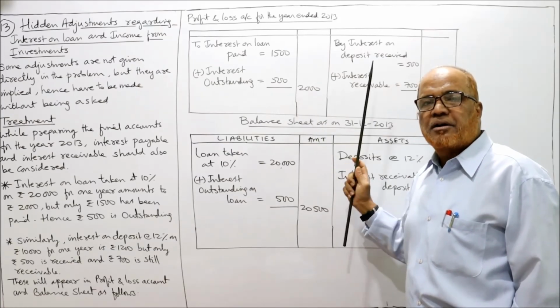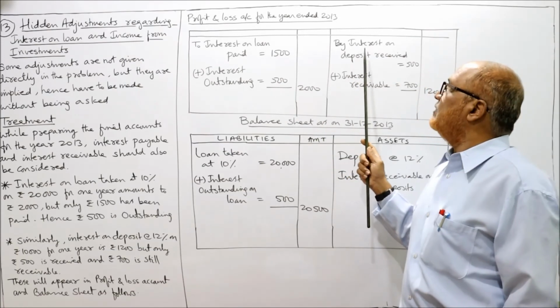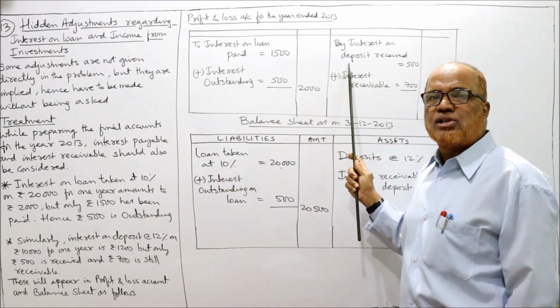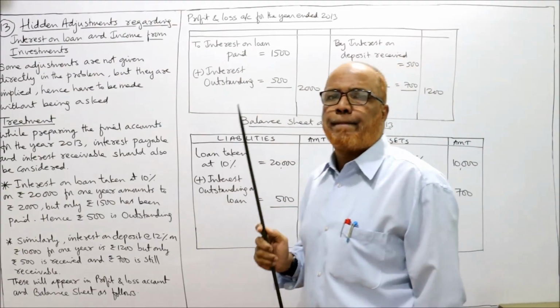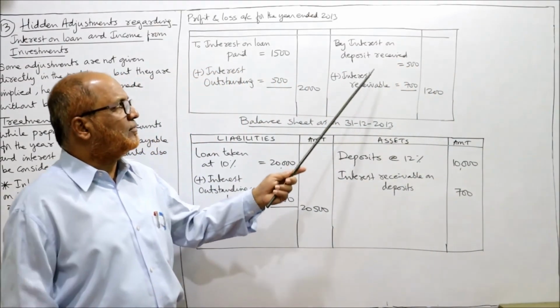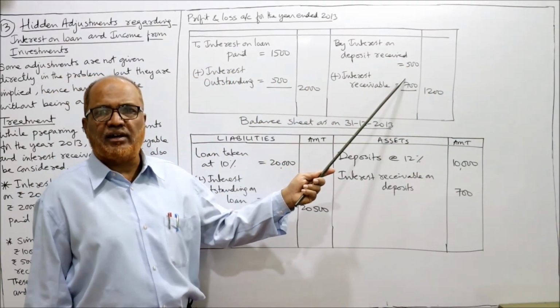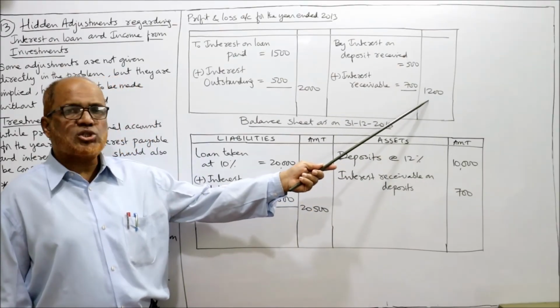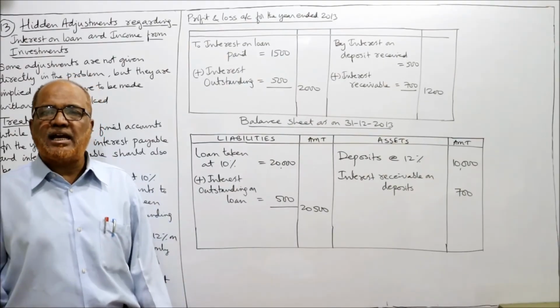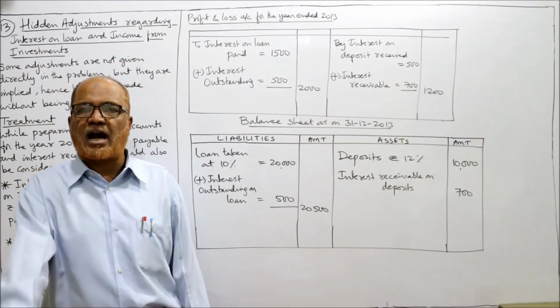Credit side, interest on deposit received is 500 rupees and interest receivable is 700. So total interest is 1,200. This is the presentation in the profit and loss account.